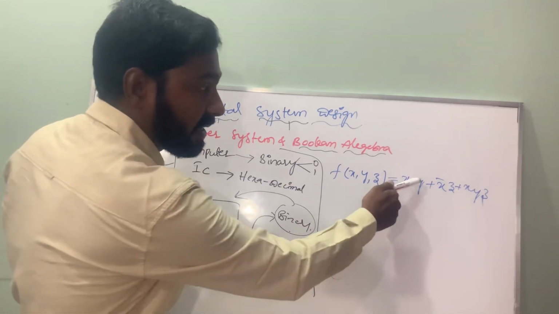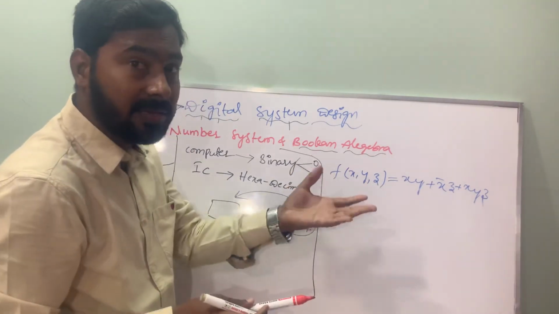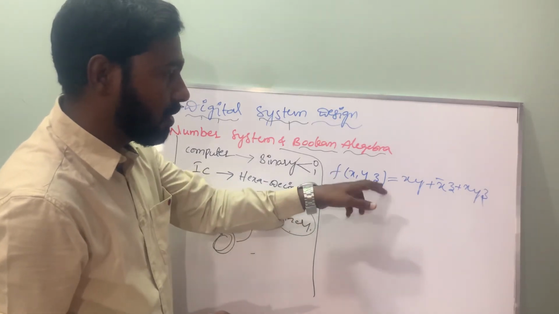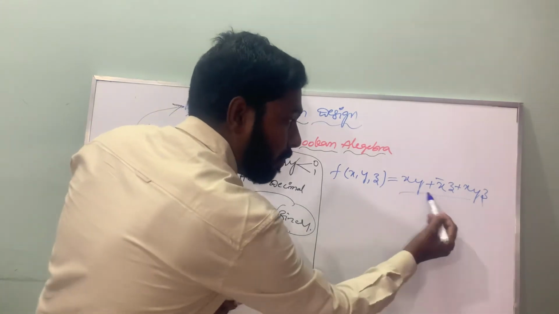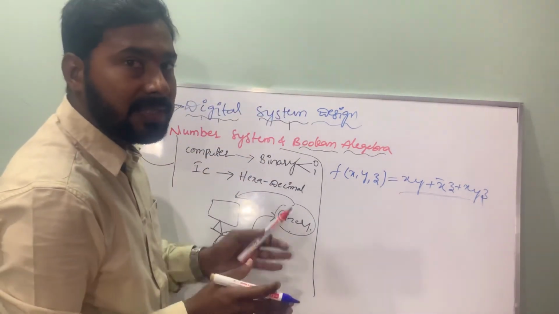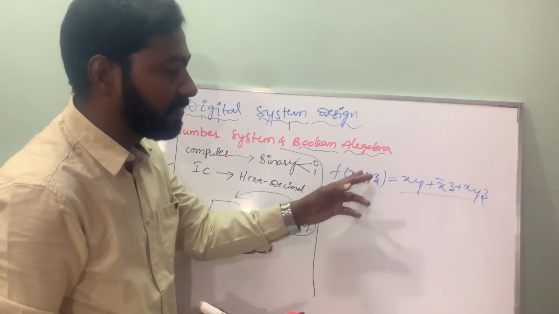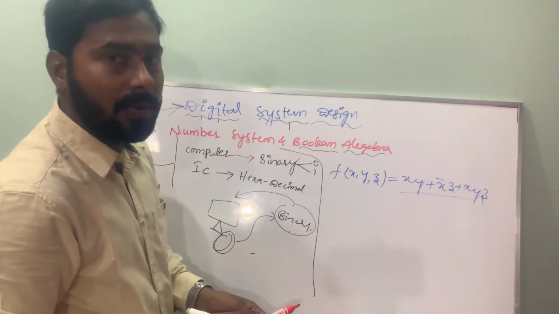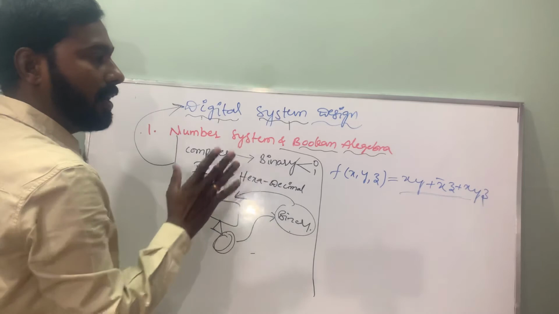If you reduce the Boolean expression, the circuit complexity will be reduced. That is the major motto of Boolean algebra: reduce the Boolean function using laws and properties, and automatically the size of the digital circuit will be reduced. So this is the first unit, number system and Boolean algebra.